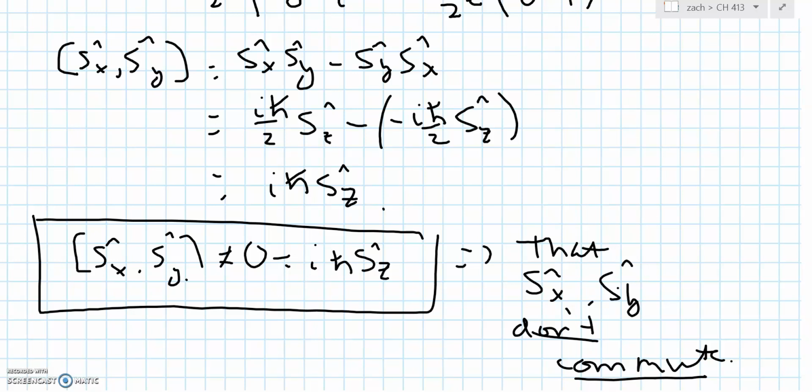So for example, if you're given, I don't know, X and P, if you're given matrices corresponding to those, do X and P commute? No, they do not, because that's one of our fundamental commutators. We learned that it's I H bar. So we would see that the commutator is non-zero because they don't commute. So this is generally a good strategy to use if two operators don't commute.